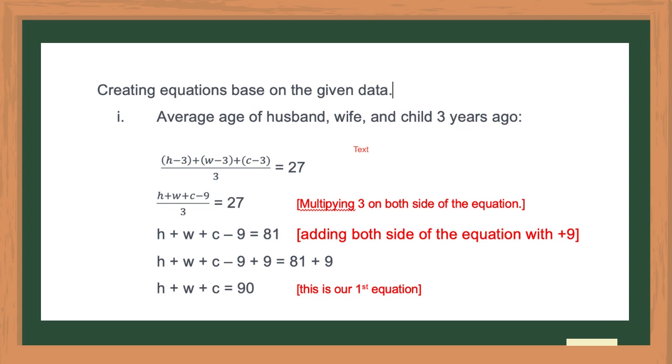Then we multiply both sides of the equation by 3, and this becomes h plus w plus c minus 9 equal to 81. We transpose 9 to the other side by adding 9 on both sides. This becomes h plus w plus c equal to 90. So this will be our first equation.